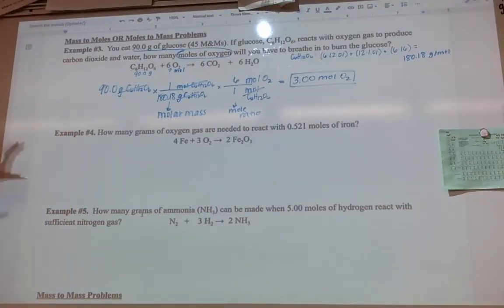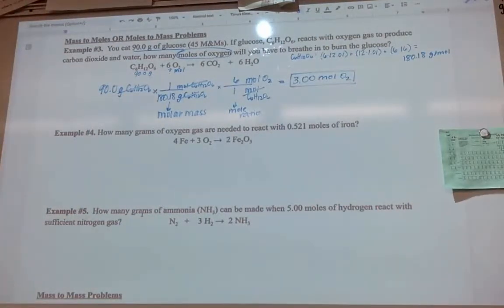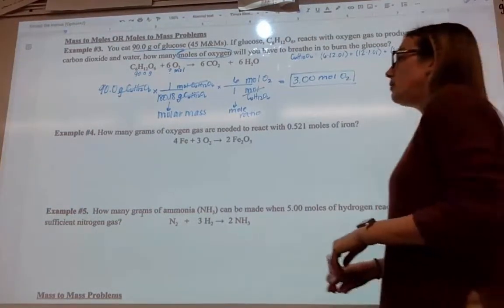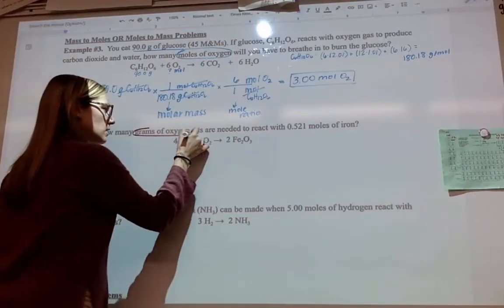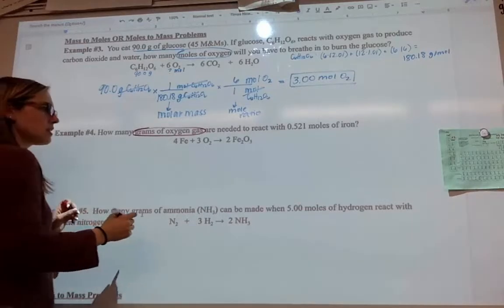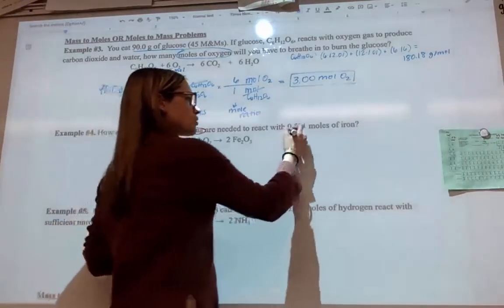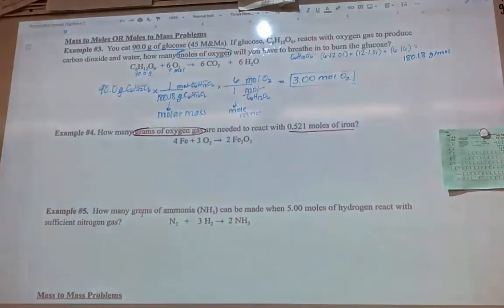Let's take a look at just example 4, and then we'll continue looking at these tomorrow. So example 4 says, how many grams of oxygen gas? So I'm going to circle that. Grams of oxygen gas are needed to react with 0.521 moles of iron. So I'm circling what I'm trying to find.